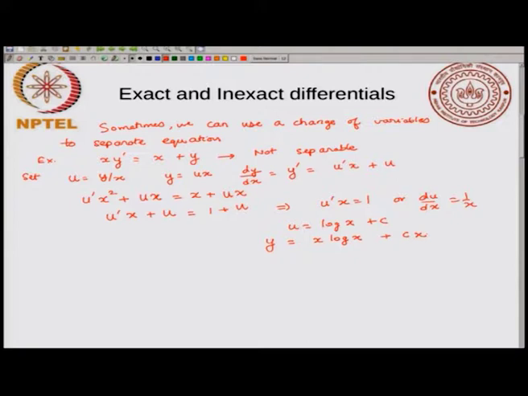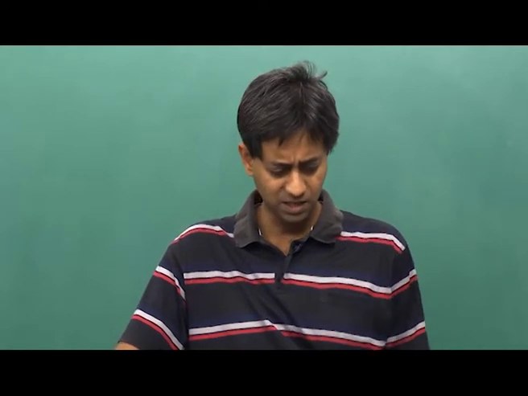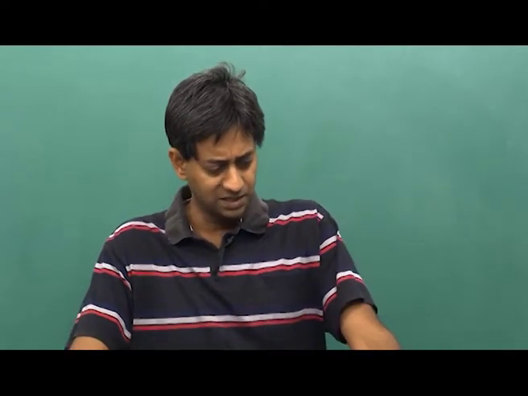So, you solved this equation, which did not look separable initially, by doing a change of variables. Sometimes a change of variables can convert a differential equation into a separable form. Now, often you cannot separate differential equations. However, there is still something to say.